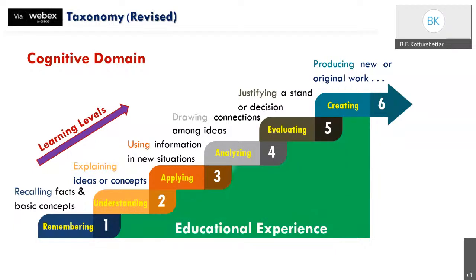And for all these learning levels to be mastered, a teacher has to design an appropriate educational experience for students. See, it cannot come just by delivering a lecture.